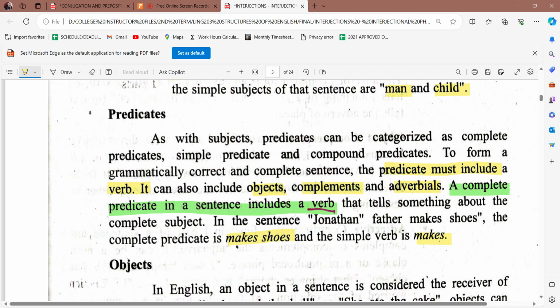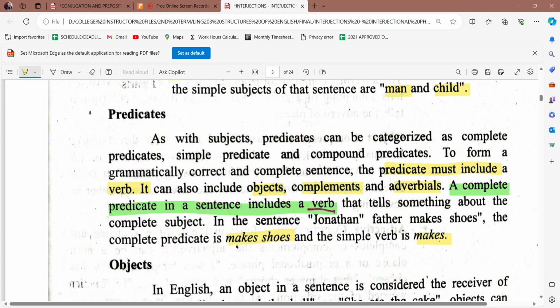Again, the predicate must include a verb, and it can also include objects, complements, and adverbials. So our predicate here is makes shoes, and the simple verb is the word makes.